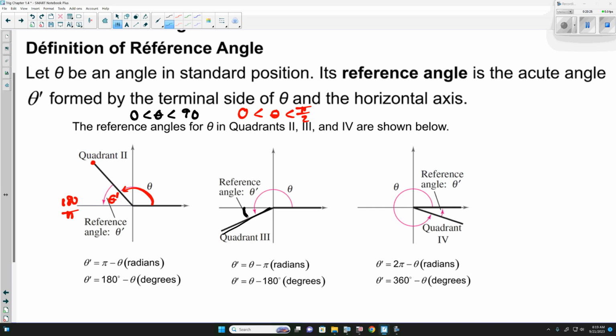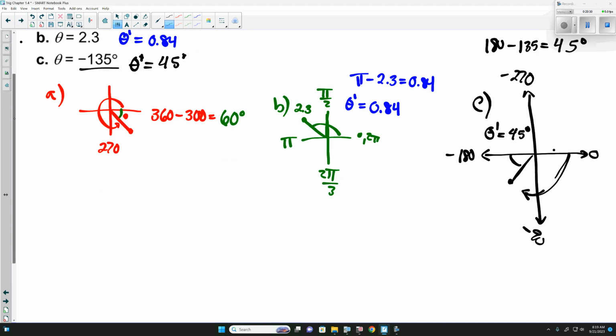Does that make sense? It's a little weird, because the other way to go about this is I would take negative 135 and add it to 360, which would give us 225 degrees, the angle going the other way. Then we would take that 225, subtract 180 from it, and get 45 degrees, which is our reference angle, because all of our reference angles will be between 0 and 90, or 0 and pi over 2.